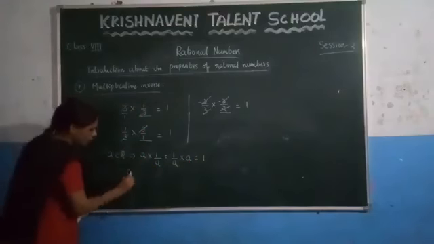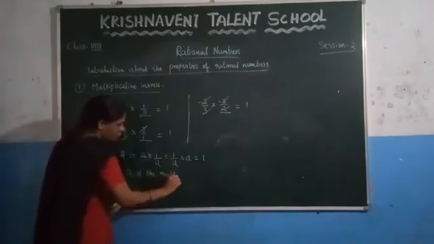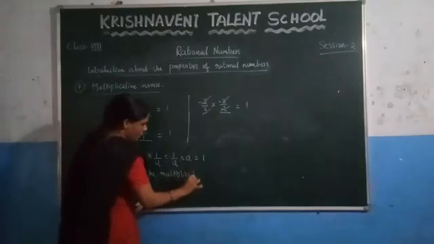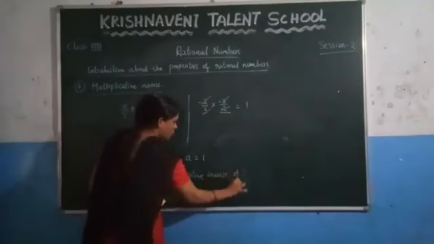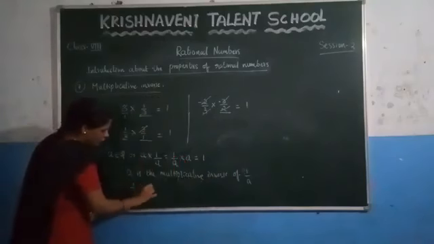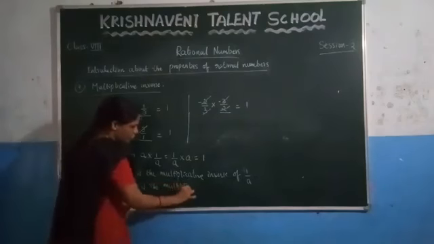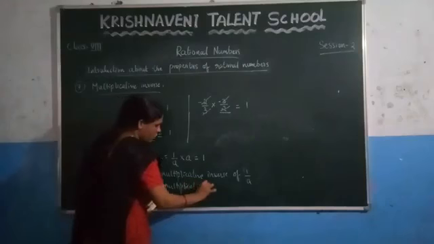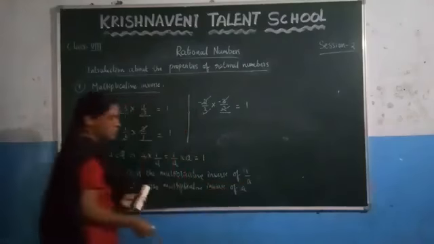And here you can write A is the multiplicative inverse of 1 by A, or you can write 1 by A is the multiplicative inverse of A. Like this you can define.